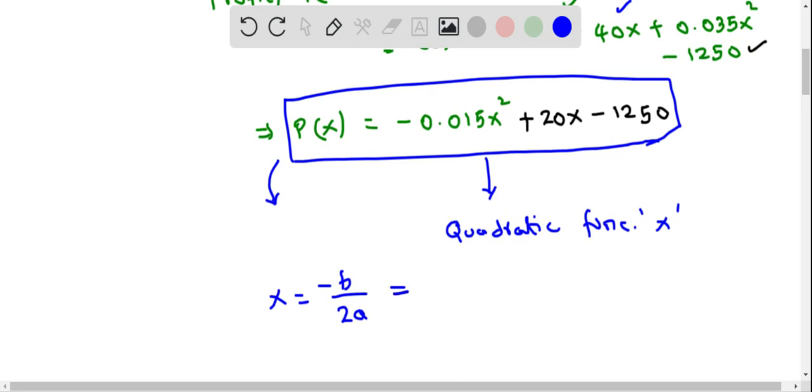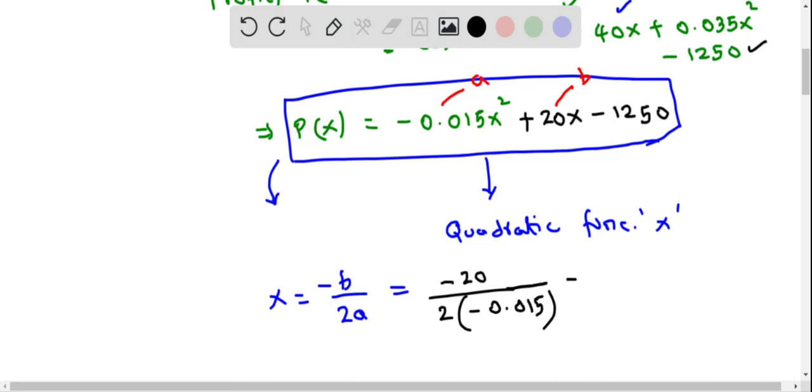We are determining x, which equals negative b over 2a. B is the coefficient of x, and a is the coefficient of x squared. So b is 20, and a is negative 0.015. This equals negative 20 divided by 2 times negative 0.015, which is negative 20 divided by negative 0.03.